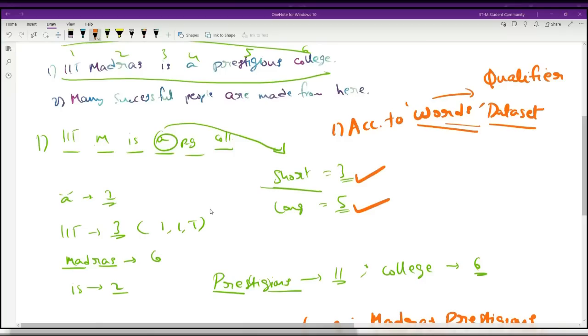Is this okay for you guys? This is how you get the questions according to the words dataset, and then the question starts, and you will be given 4 options or a numerical answer type. I hope you are able to get the question pattern as well.